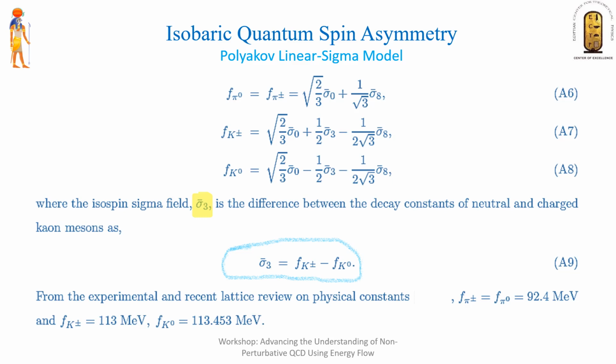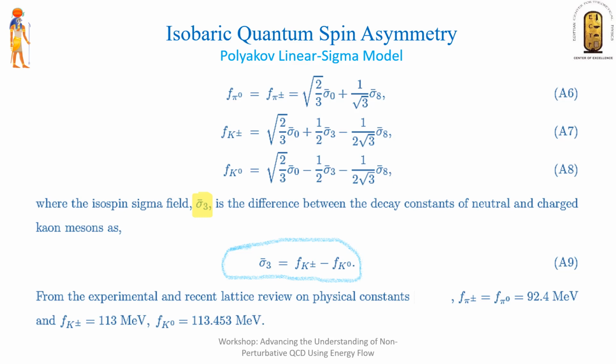The isospin sigma field sigma 3, which is an important one which we need to determine, is given as the difference between the decay constants of the neutral and charged kaon. Sigma 3 equals the decay constant of K plus minus minus the decay constant of K0.